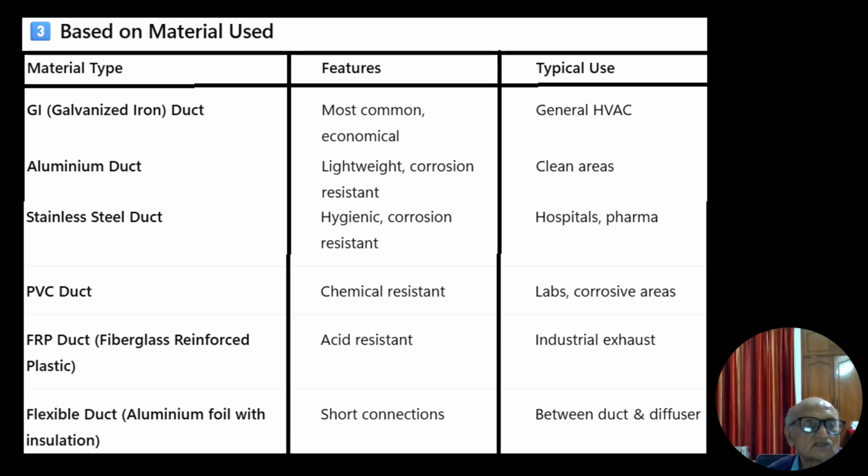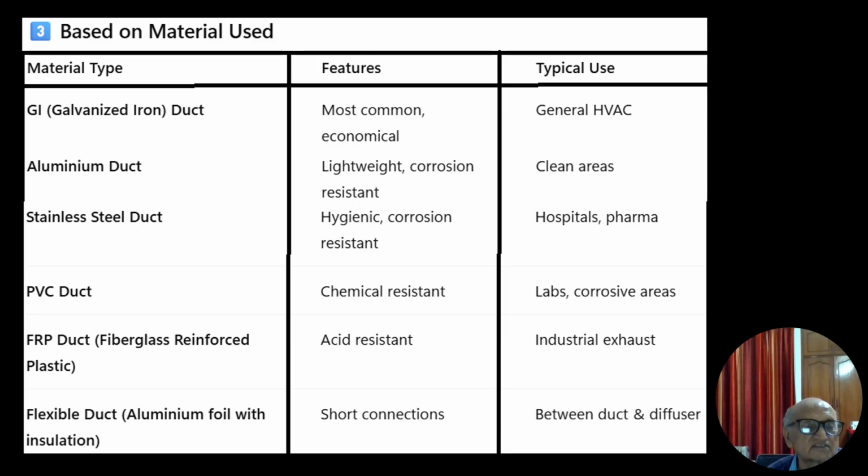Friends, the duct can be classified based on materials used. We use several different types of materials as given in column 1. GI, galvanized iron duct, is most common, economical, and generally used in general HVAC systems.